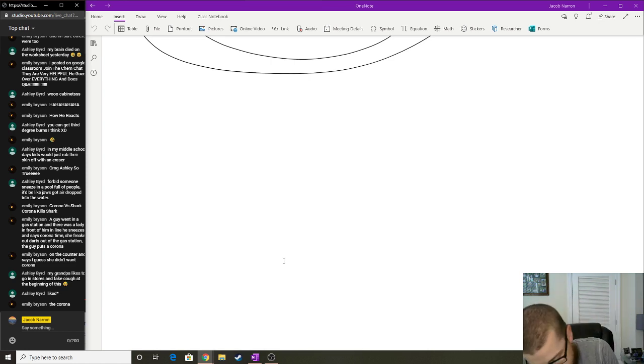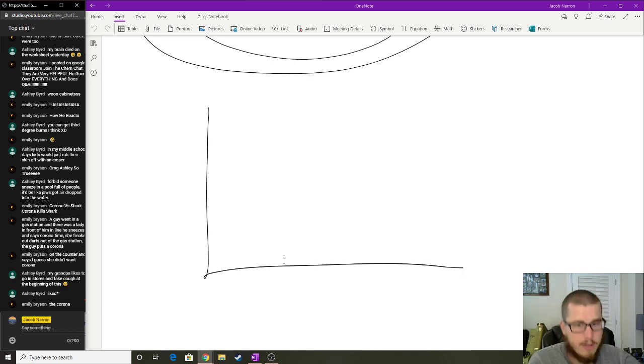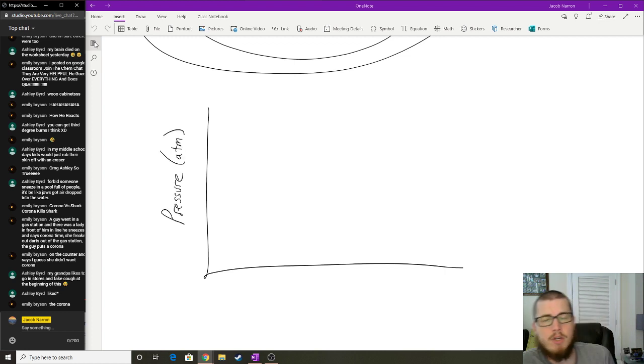Glorious PT diagrams. On a PT diagram, you're going to have pressure and temperature. So we got pressure over here. Just for consistency, we were talking about the atmosphere a second ago. One of the units for pressure is ATMs, which stands for atmosphere.